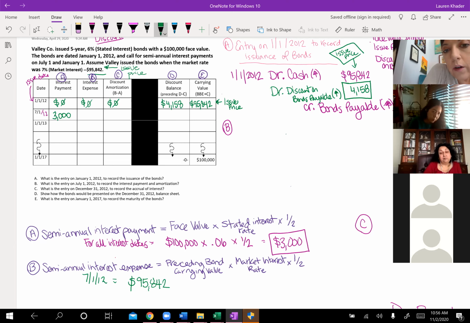So we just go up one row and take that carrying value. The market interest rate is 7%, so times 0.07 times 1/2.